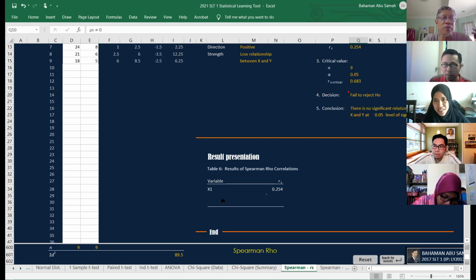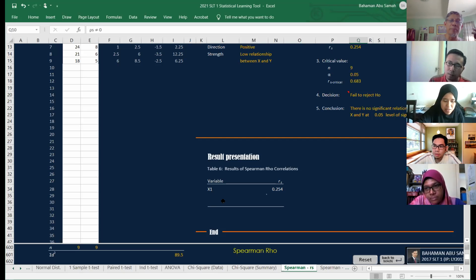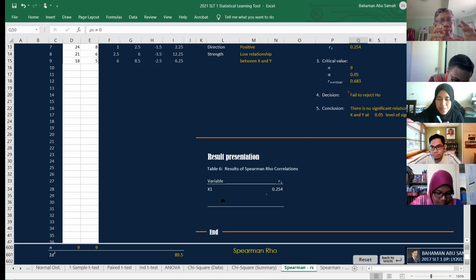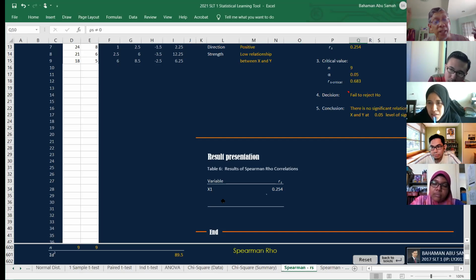Maybe the first 6 will be for assignment, which will be 30%. But the last 3, maybe 7, 8, 9, I mean, from Spearman rho, Pearson correlation, and simple regression, maybe I give a certain percentage, maybe 30% or maybe 40%. The rest will be from your midterm. So that will improve your midterm score.